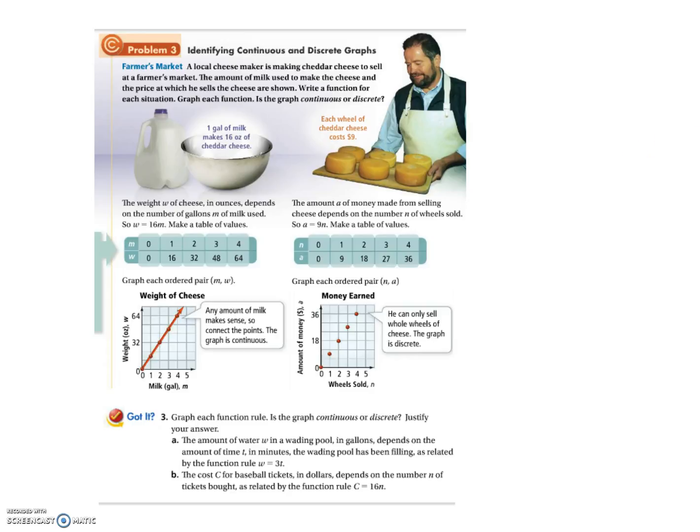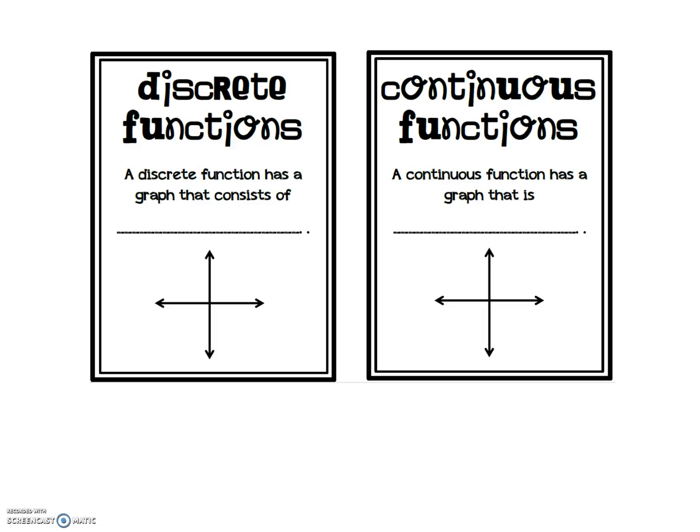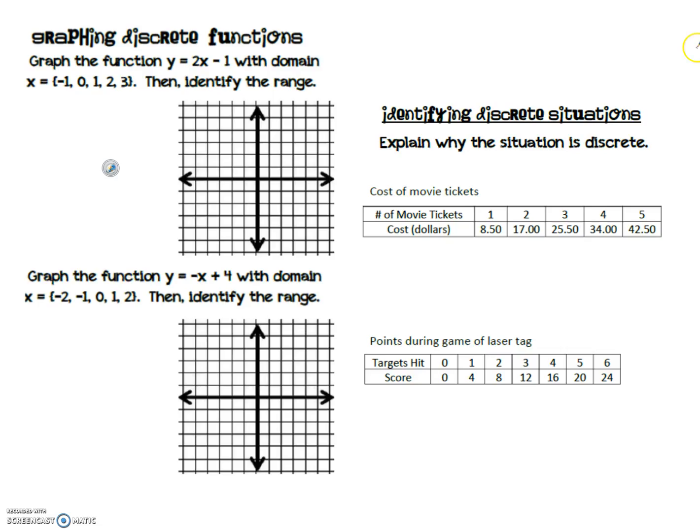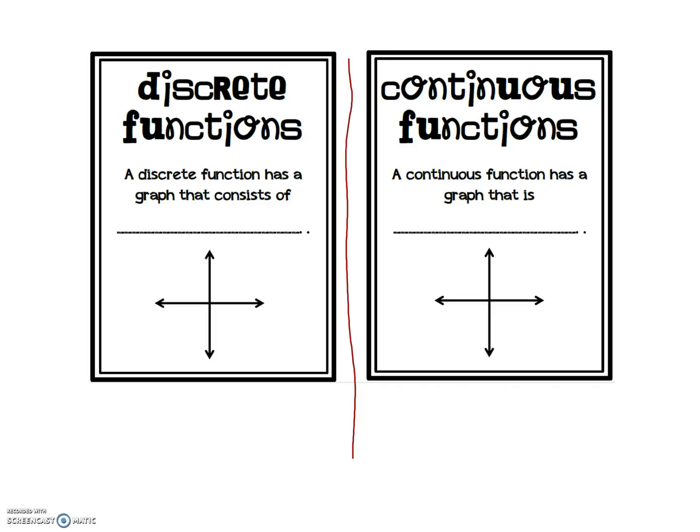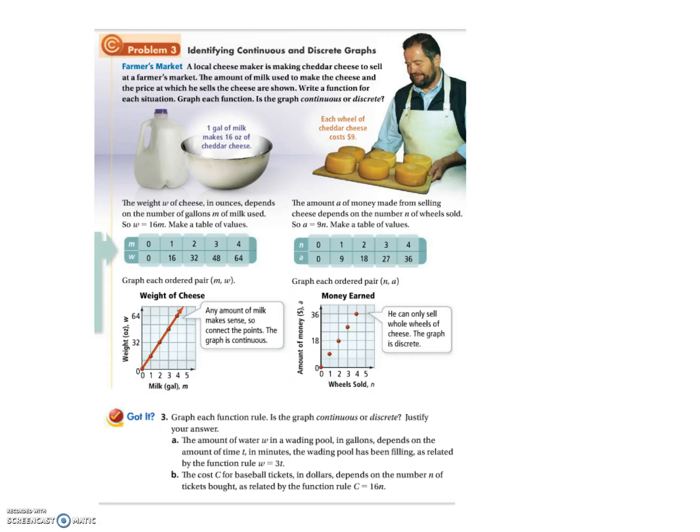If you would like to go ahead and make this foldable on the next page, this is the one that you cut in the middle, and then you should have this on one side and this on the other side. If you will put that in there, you're going to start on the second video for this topic. All right, thank you.